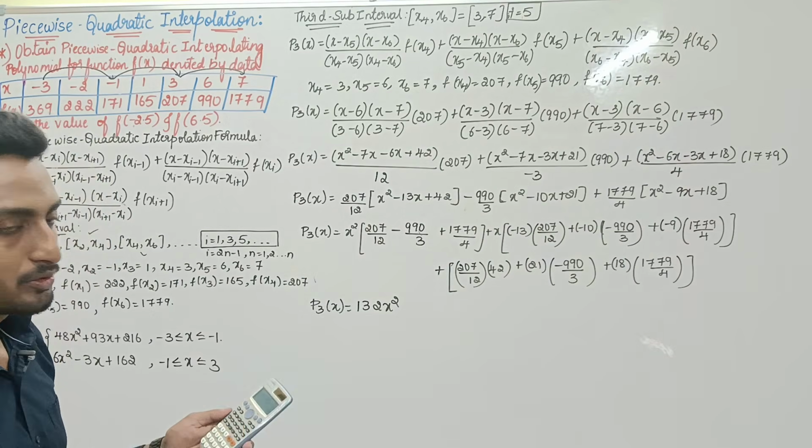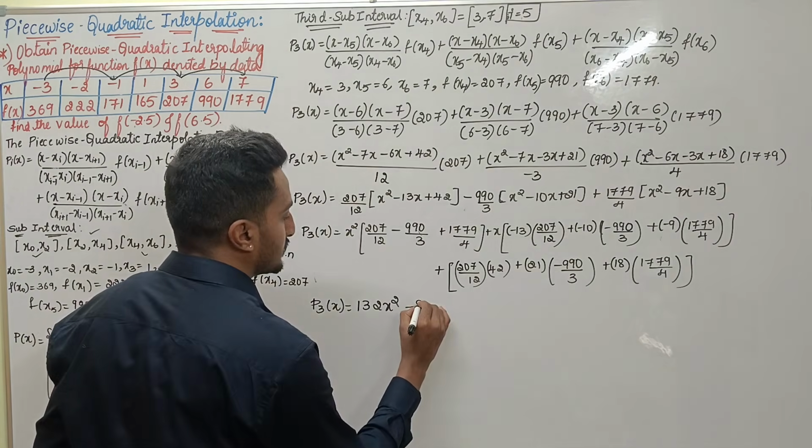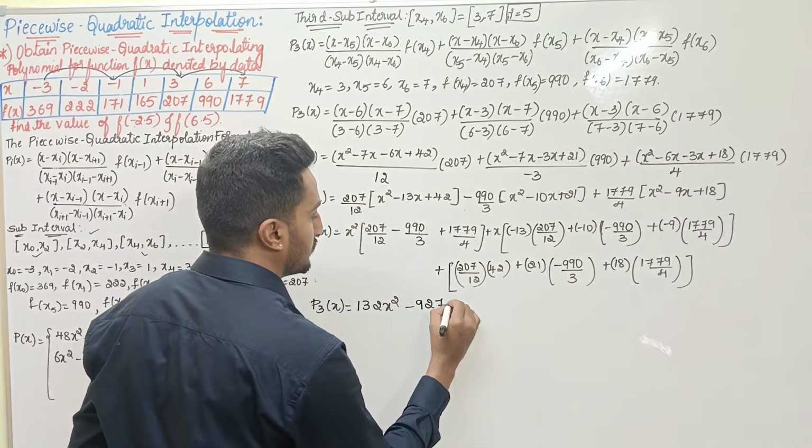We are getting minus 927 with respect to the variable x.